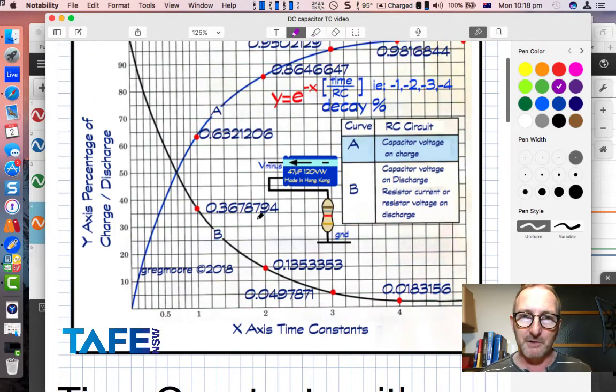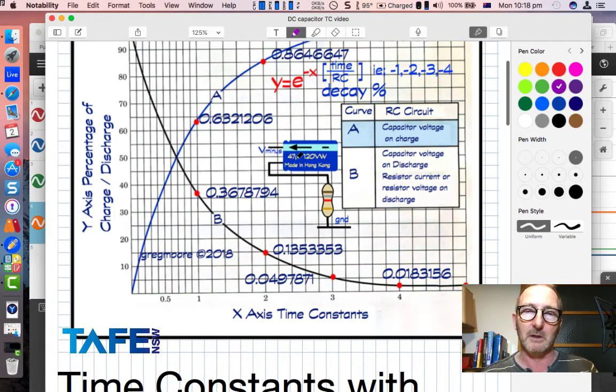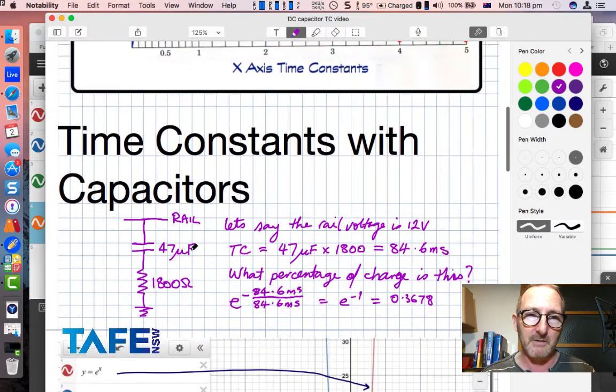I've got a small circuit on the time constant chart here showing a 1.8k resistor and a 47 microfarad capacitor. We know that one time constant is equal to the capacitance multiplied by the resistance in the circuit. So 47 microfarads, 1800 ohms, I've multiplied it out to get 84.6 milliseconds.